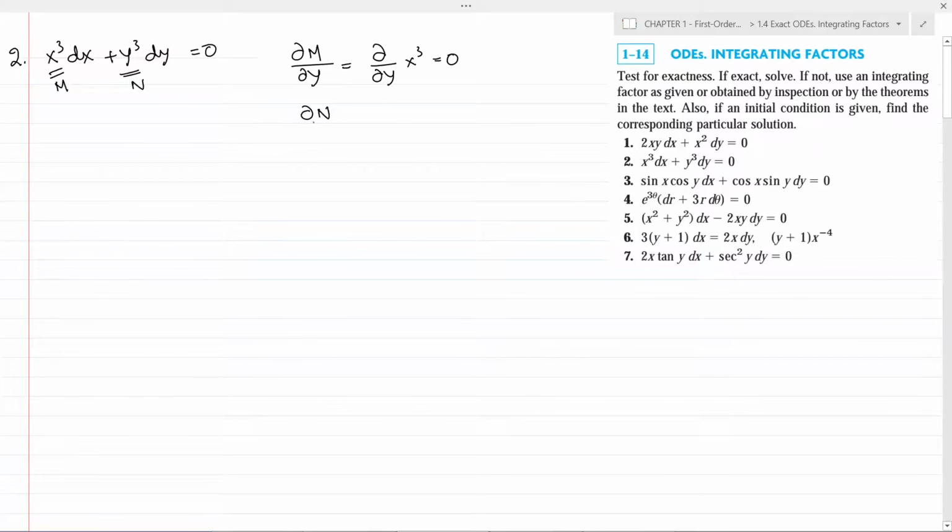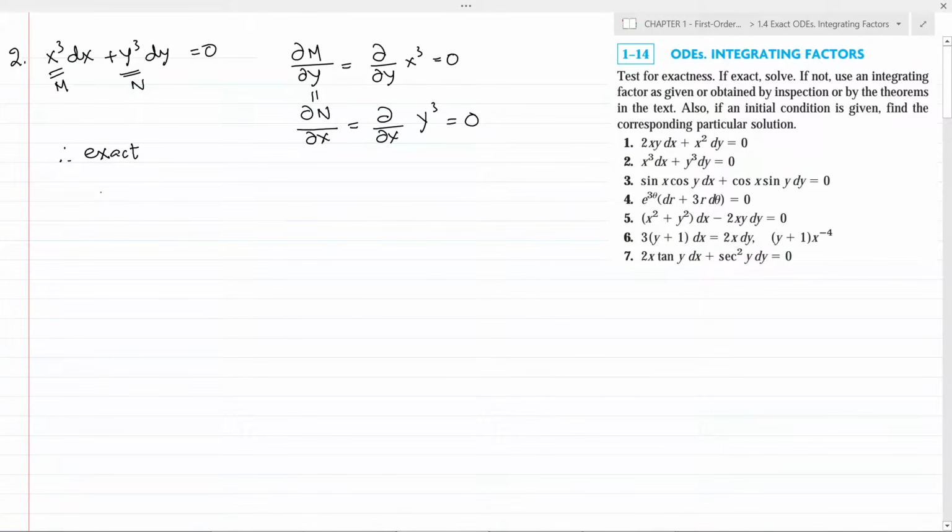Similarly, del N by del x equal to del by del x of y cube, which is also equal to 0. So del M by del y equal to del N by del x. That means this is the exact ODE.